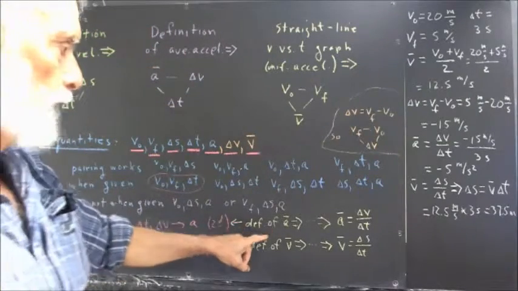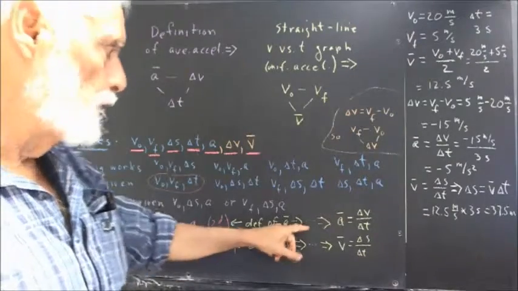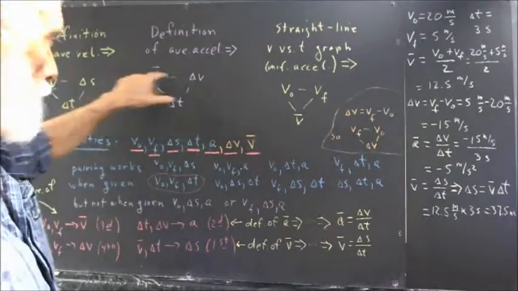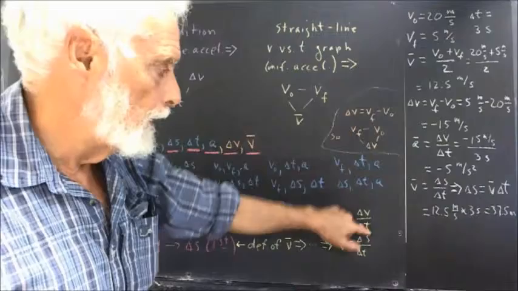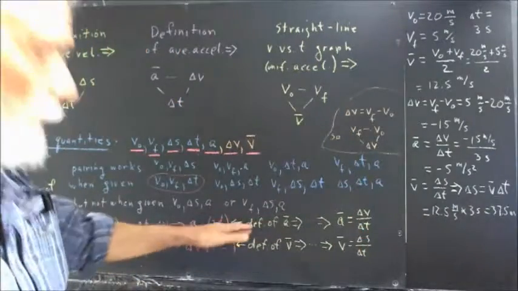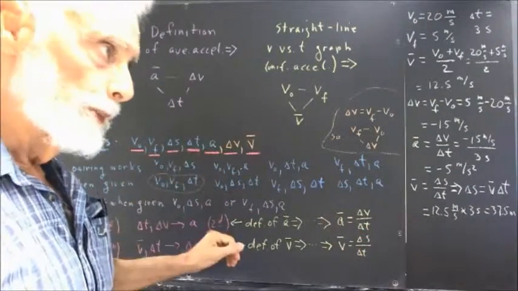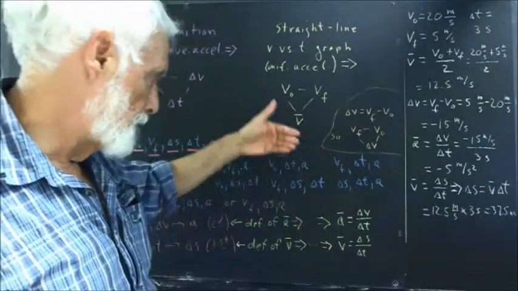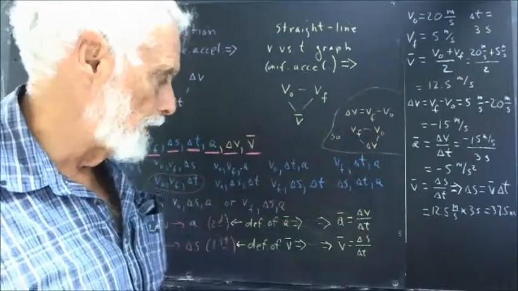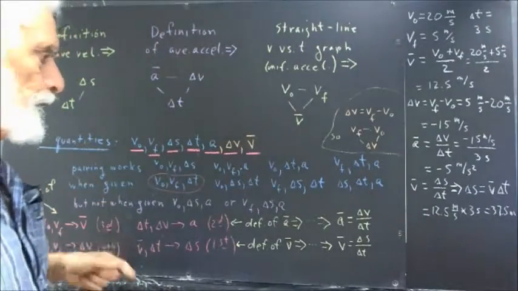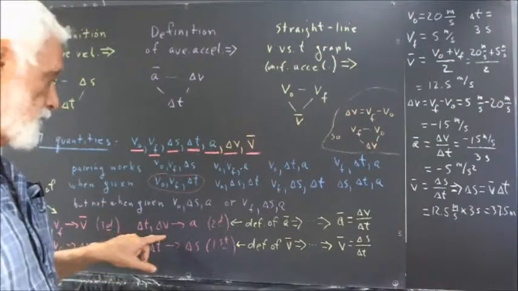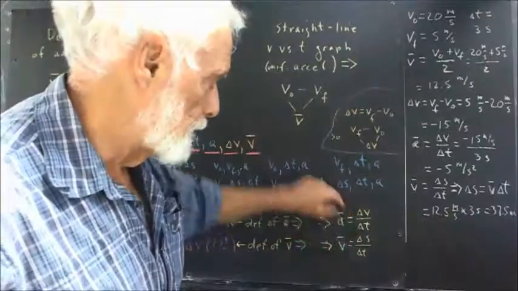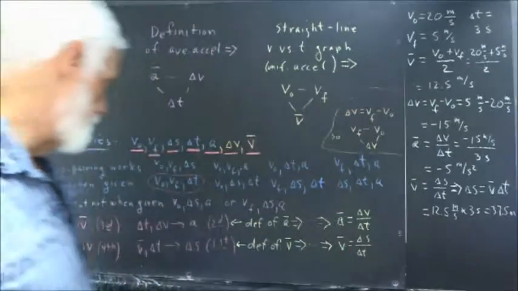If we start with the definition of average acceleration and do our reasoning, we find that the average acceleration is delta V over delta T. Average rate of change of velocity with respect to clock time is change in velocity divided by change in clock time, which we write by delta V over delta T. So, given delta T and delta V, we have the numbers to plug in here to get our acceleration.